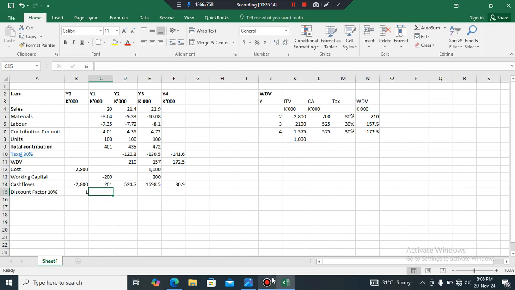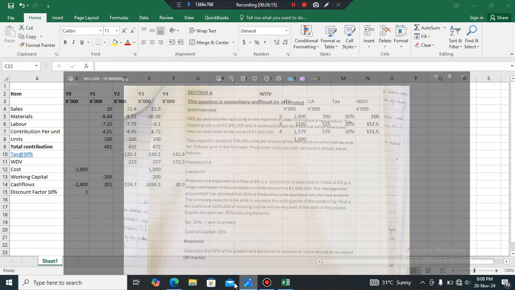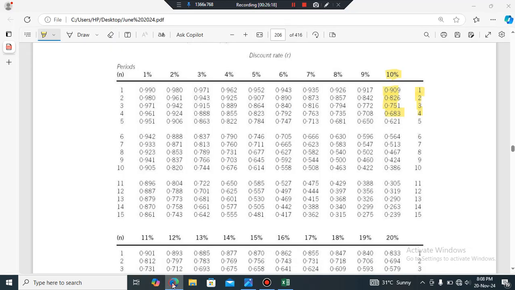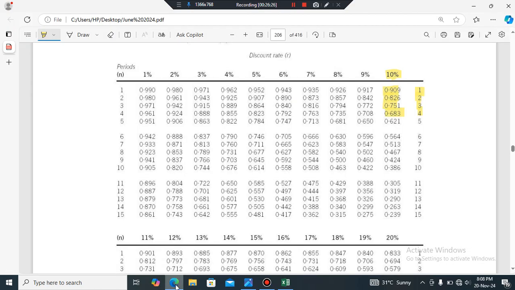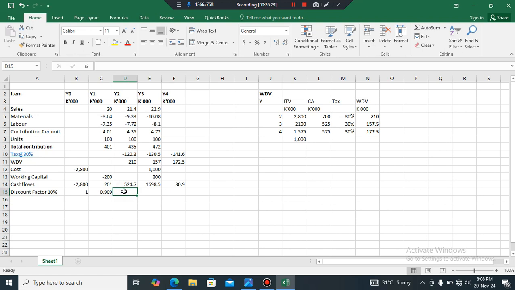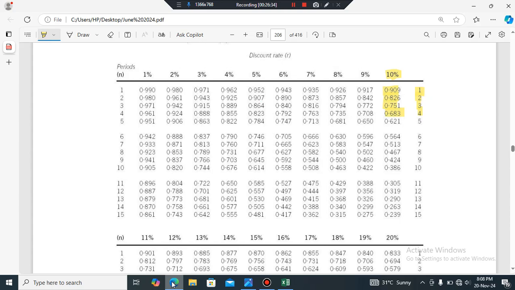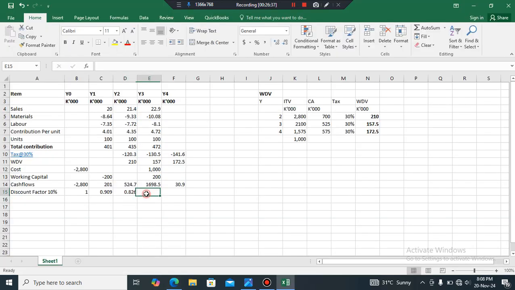Then here, year 1, our discount factor is 0.909. And then in year 2, our discount factor is 0.826. And then we've got 0.751 in year 3.